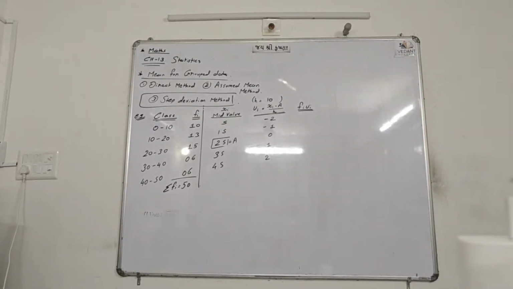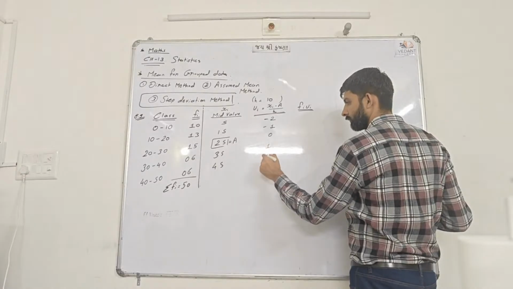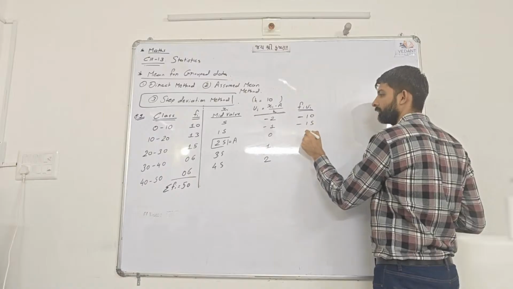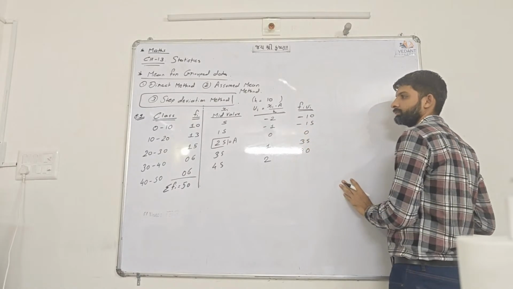Now you can see how easy. It is very easy to calculate fiui. It is minus 10, minus 15, 0, 35 and 90.